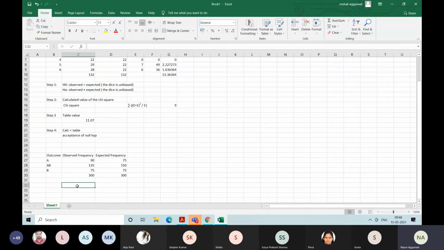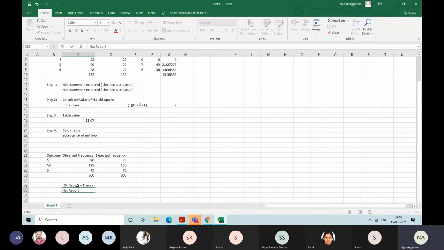So our null hypothesis, H naught, is report is equal to theory. And there is a difference between the actual observed frequencies in the report and the theoretical frequencies is your alternate. So H1 is report is not equal to theory, or the frequencies in the report do not match the theoretical frequencies.